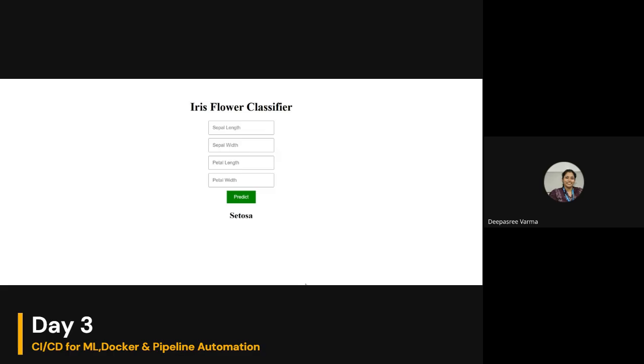So what happened? I didn't install the requirements.txt, I didn't run python app.py. I just ran the Docker image, and the Docker image gave me the application. I hope the concept is clear for all of you. If you have any question, please feel free to ask.